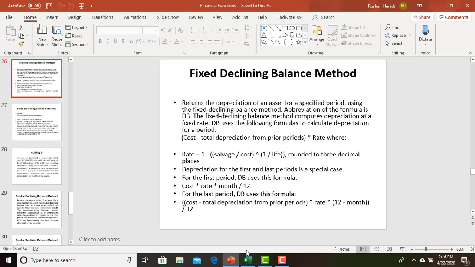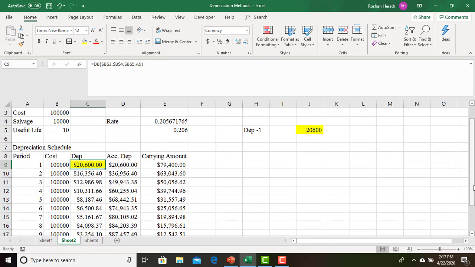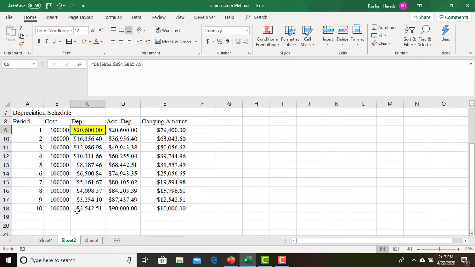But here we don't have prior period depreciation in the very first year, so we take this 100,000 multiplied by this particular percentage and you get 20,600, and that is exactly similar to the depreciation it had produced under this method. So you don't have to worry about this manual aspect. I just wanted to tell you how it is being done. They have used a rate of 0.206, and because of that particular rate, a small difference can come over here. So that's what I wanted to explain.